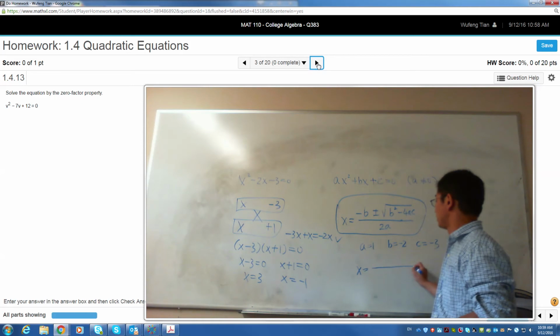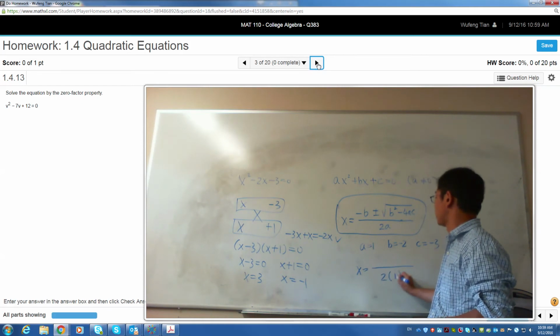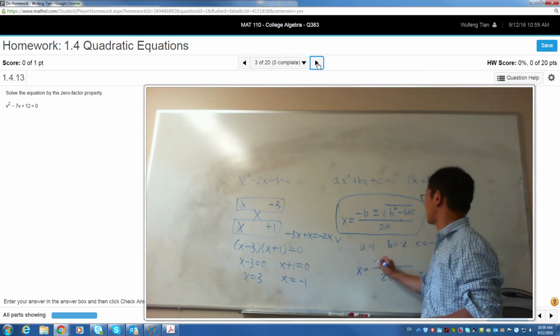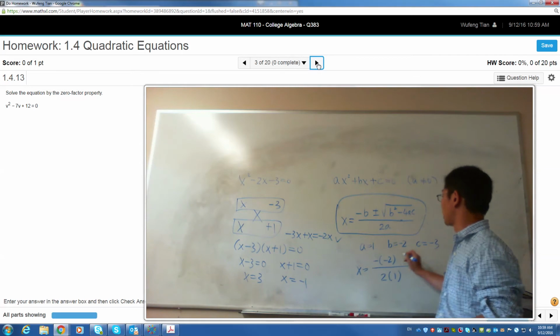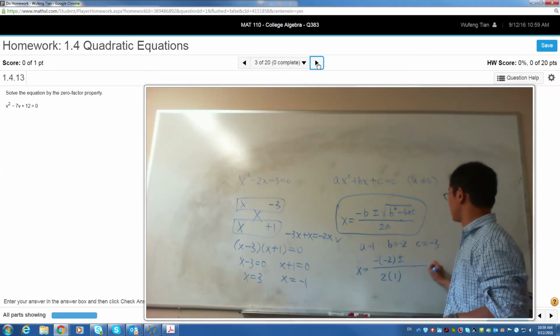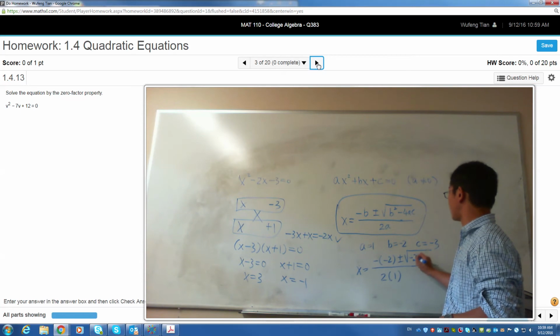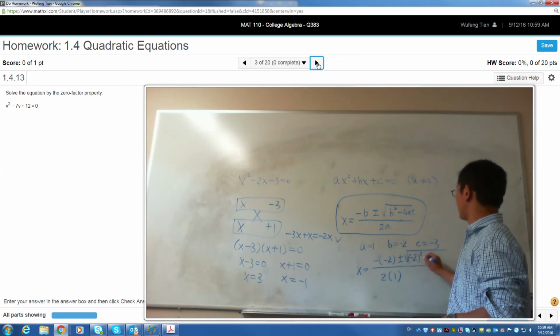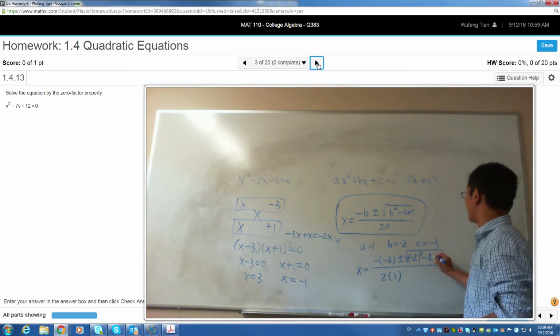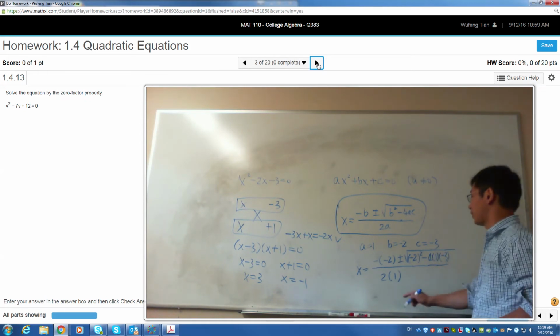x equals over 2 times a, which is 2 times 1. Negative b, so b is negative 2, so it's positive 2, plus or minus the square root of b squared, which is negative 2 squared, minus 4 times a, which is 1, times c, which is negative 3, and you simplify that.